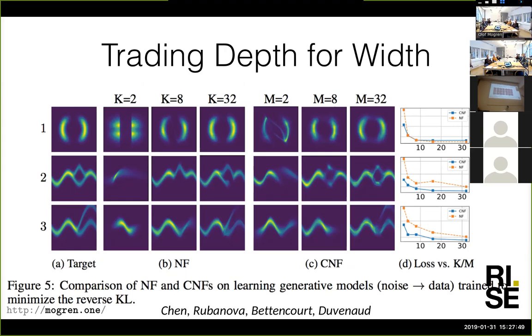And I guess m here is the width, k is the depth, because in the normalizing flows case we have width 1 in each layer. And I suppose you can say that the continuous normalizing flow learns quicker and perhaps sometimes even more accurately, even when the model has been scaled to suitable size. Although at the 32 case, I guess both fit fairly well.